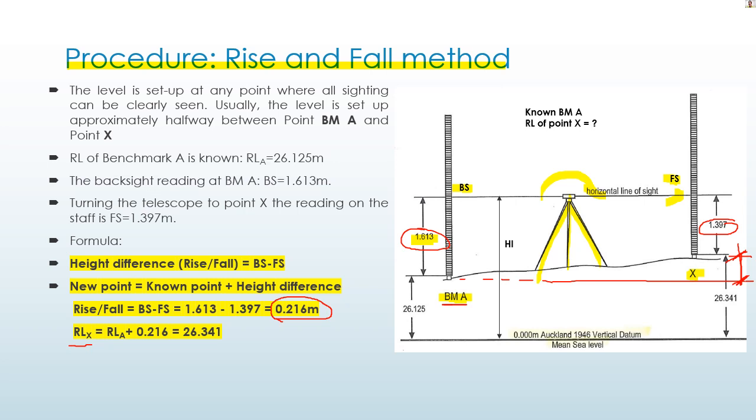That is a rise from A to X. Reduced level of point X equals reduced level of point A, which is known, 26.125. Then you add the rise to the benchmark reduced level. You get reduced level of point X, 26.341.